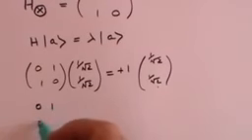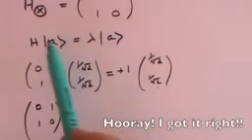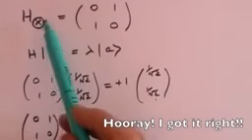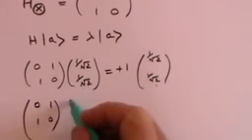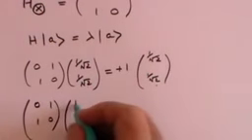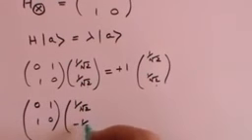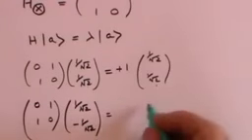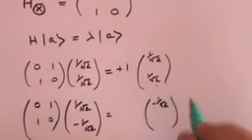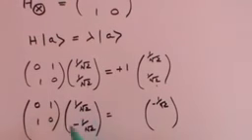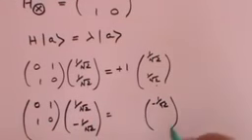And let's do it the other way. Let's take the Hermitian matrix for the forward and backslash measurements. And this time we'll apply it to the backslash, which you'll remember was 1 over root 2, minus 1 over root 2. That's going to come to 0 times 1 over root 2 plus 1 times minus 1 over root 2, which is minus 1 over root 2. 1 times 1 over root 2 plus 0 times minus 1 over root 2 is plus 1 over root 2.